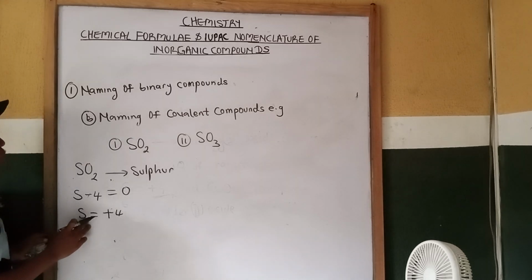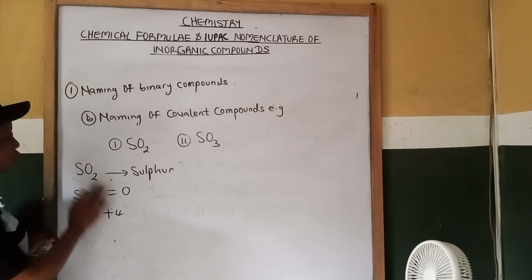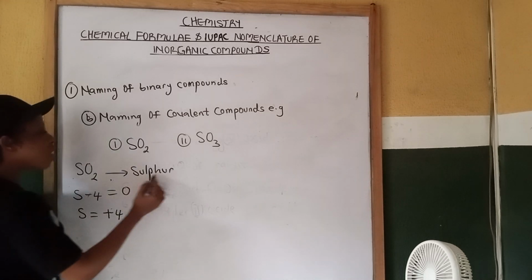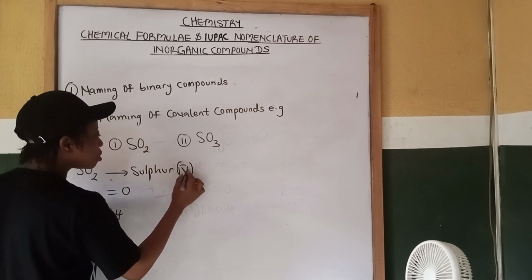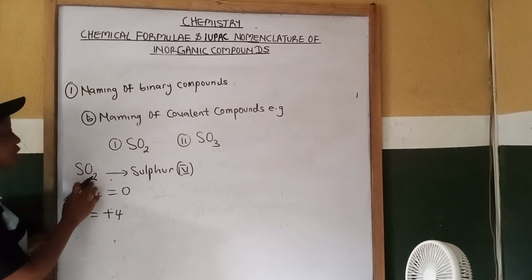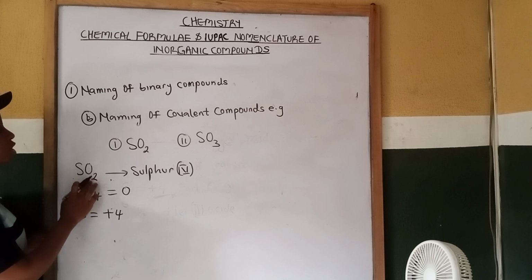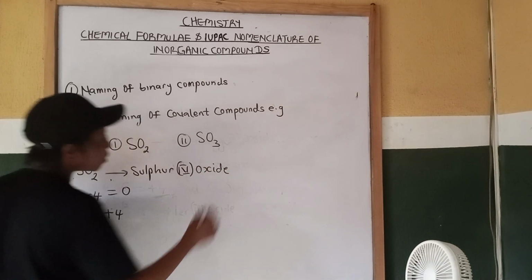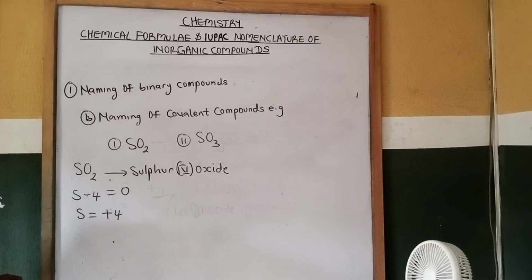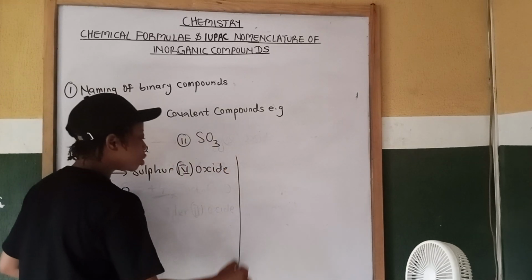So the oxidation number of sulfur in this compound is 4. So we call it sulfur 4. Oxygen changes to ide, oxide. Sulfur 4 oxide.